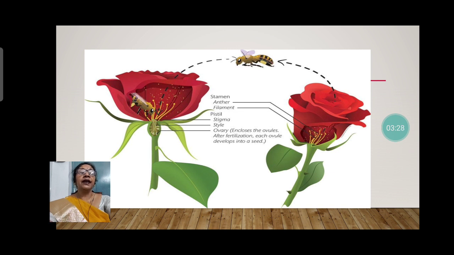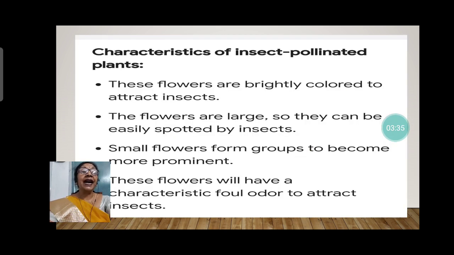So plants that are pollinated by insects should be brightly colored. The flowers are large so that they can be easily spotted by insects. If the flowers are small, they are arranged in a group in the form of an inflorescence, so that they are more prominent.